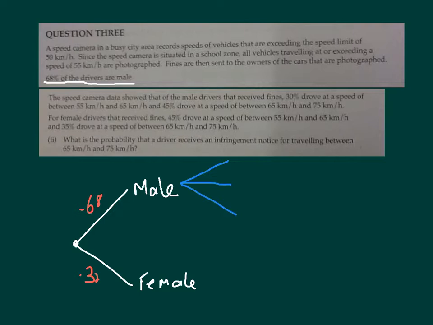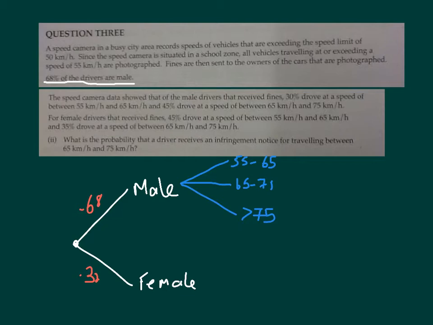The three options are from 55 to 65, then 65 to 75, in terms of the speed, and then other, because it could be people who are less than 55, but in this case it's more likely to be more than 75. So I'll take that last one away and change that to more than 75. We need this here, greater than 75, because the probabilities for these three don't add up to 1.